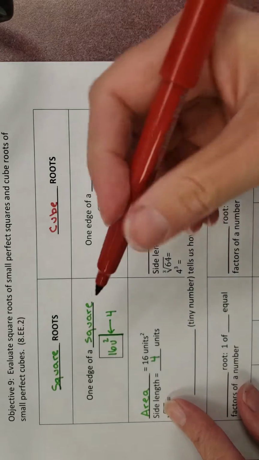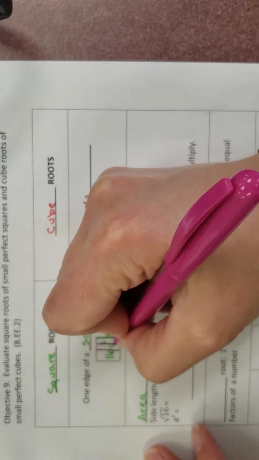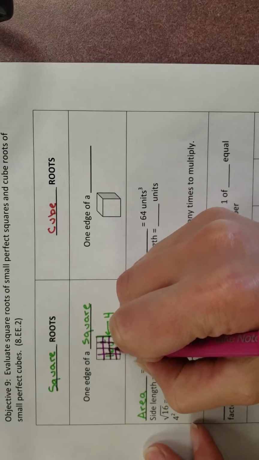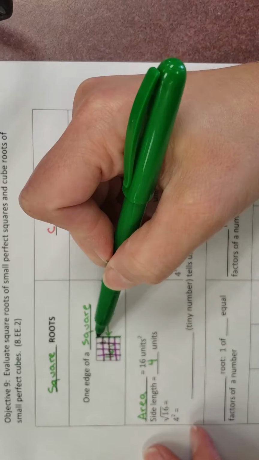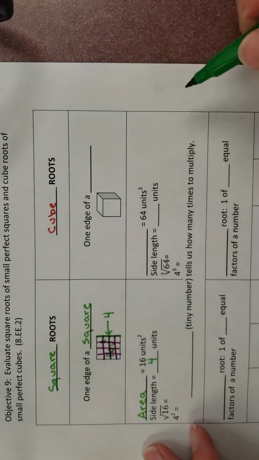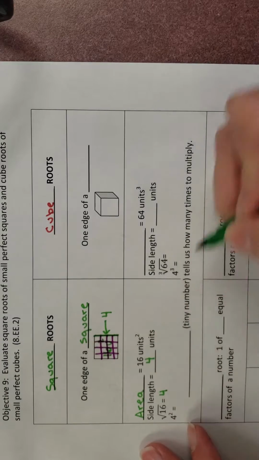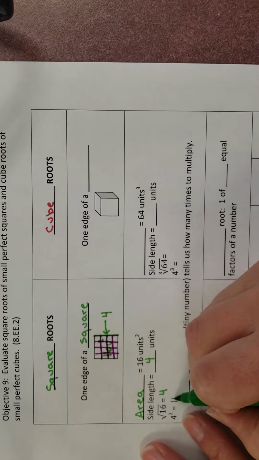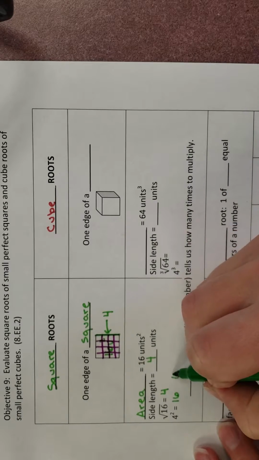Another way that you can look at this, which kind of destroys the picture that I have here, is if I make 16 squares, small ones, the side length is 1, 2, 3, 4 units for each length. So we can say that the square root of 16 is 4, or we can say the opposite of that is 4 squared is 16. This means 4 times 4, not 4 times 2.